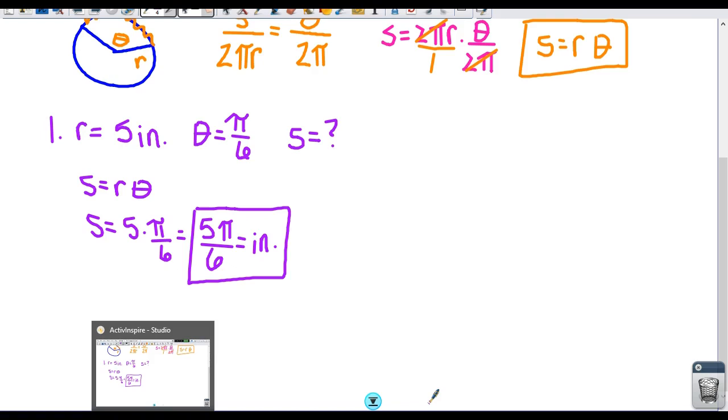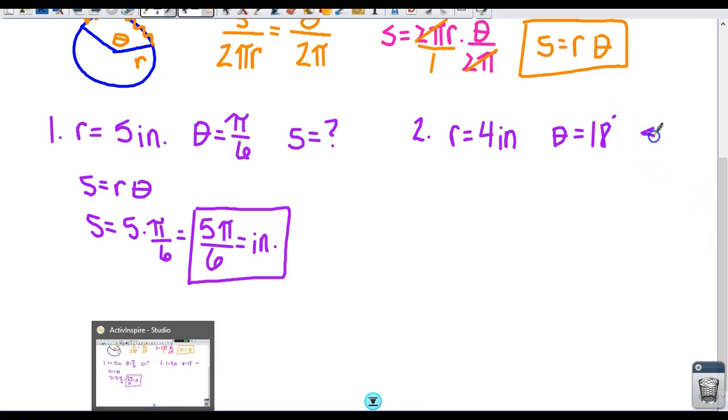I'm going to give you this. Actually, I'm going to have you do this one. I'm going to give you that the radius is 4, and theta is 18 degrees.